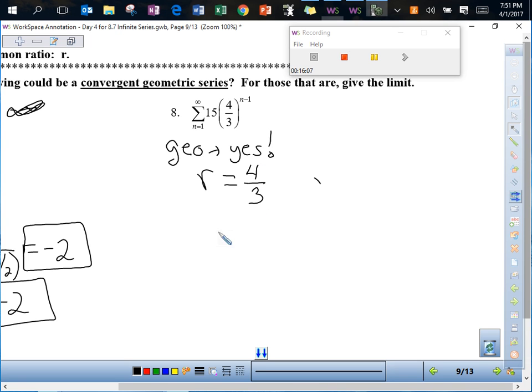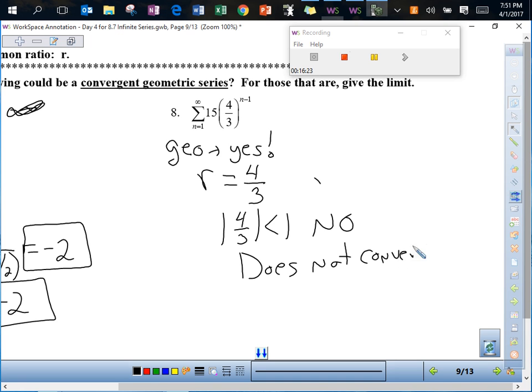Ask yourself, is the absolute value of 4/3 less than 1? The answer is no. So this thing does not converge. Guys, what that means is as I add these up, it's going to grow forever.